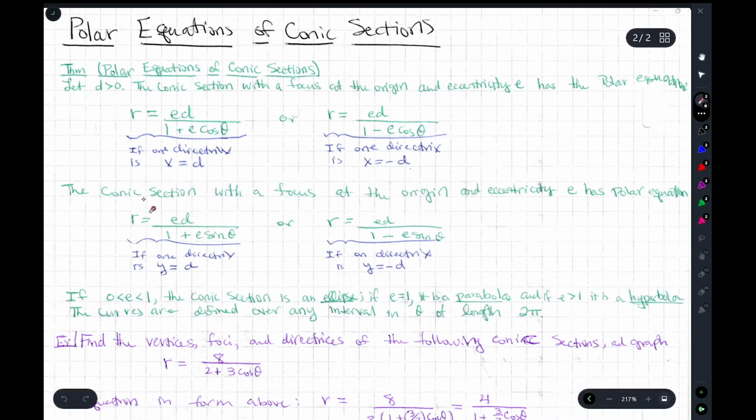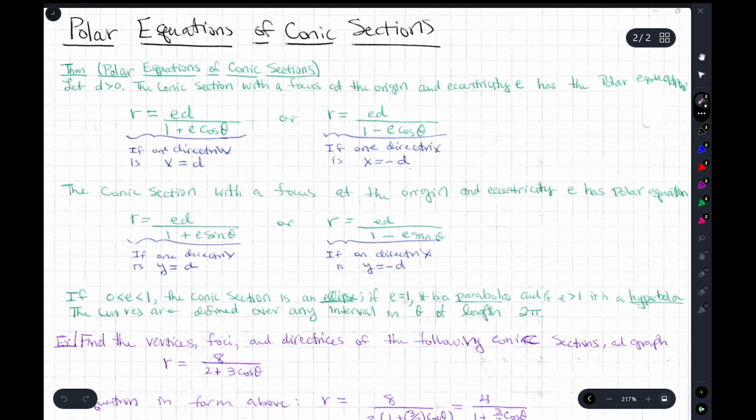On the other hand, if we have a conic section with focus at the origin, again with eccentricity E, then if the directrix is at y equals d or y equals negative d, we get these equations. And the major difference there is instead of a cosine, you have a sine. So which one to use depends on where the directrix is.